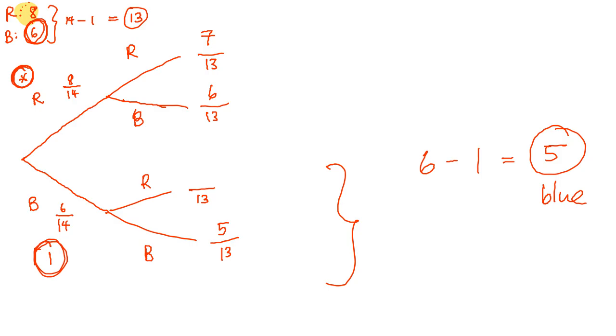So the 8 red was completely untouched because you selected blue the first time. So all the red that was there at the beginning is all still there because you had selected blue the first time, so you did not touch the red at all. And that is the probability tree drawn up and completed.